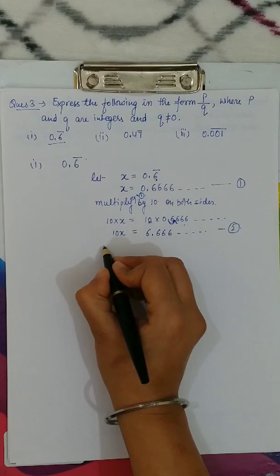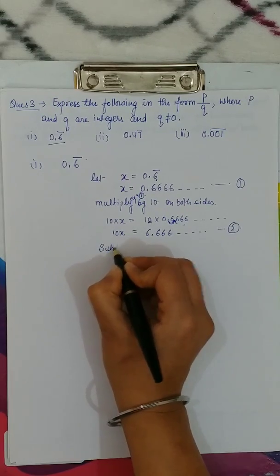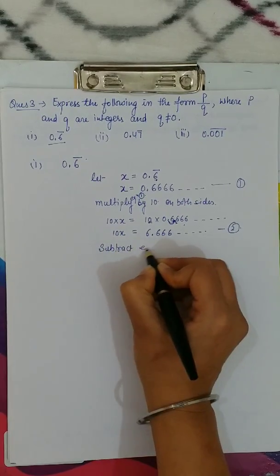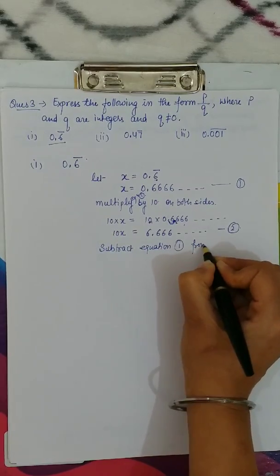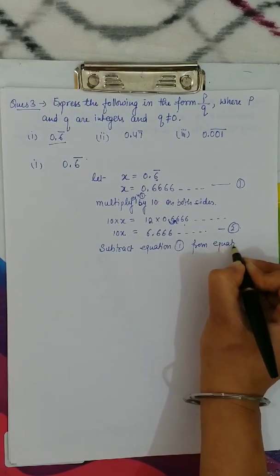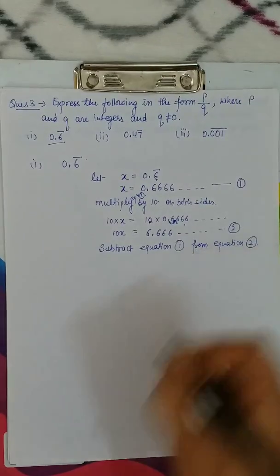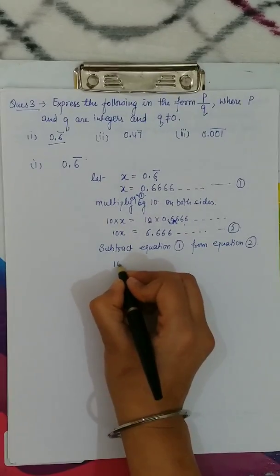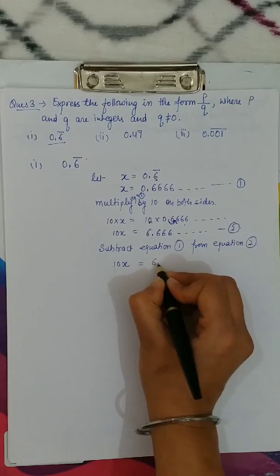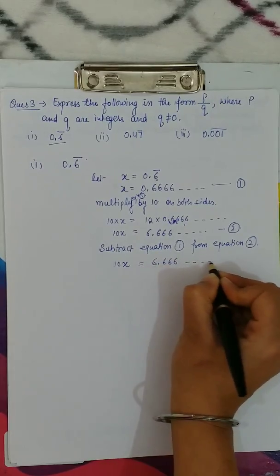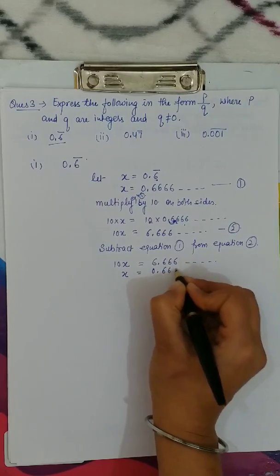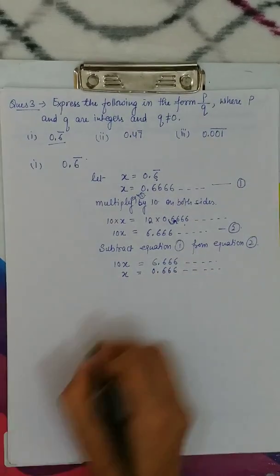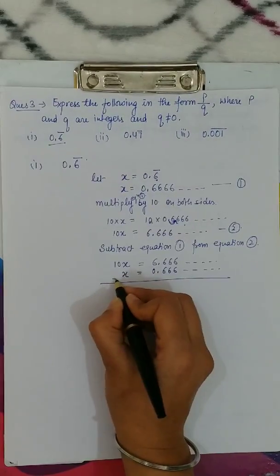So what you have to do now, subtract equation 1 from equation 2. We have equation 2, 10x is equal to 6.666 and so on, and equation 1 is x is equal to 0.666 and so on. Now subtract both the equations.